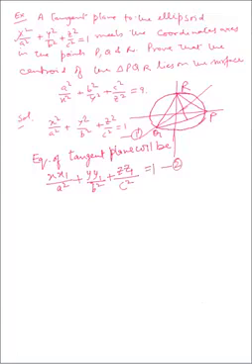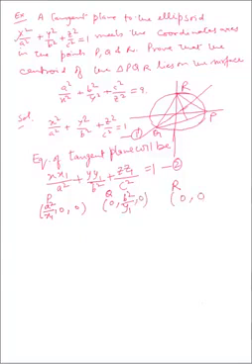Now we take points P, Q, R and find out their coordinates. These are the coordinates. When we put y0, z0 in this equation, we get x as a²/x1. Similarly, when we put x0 and z0, we get the value of y, and with x0 and y0, we get the value of z.